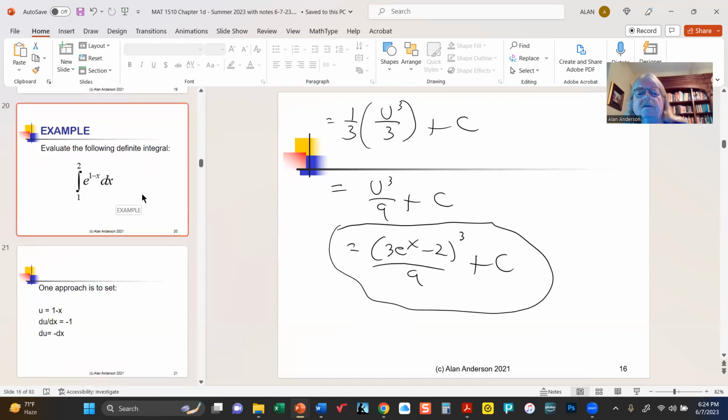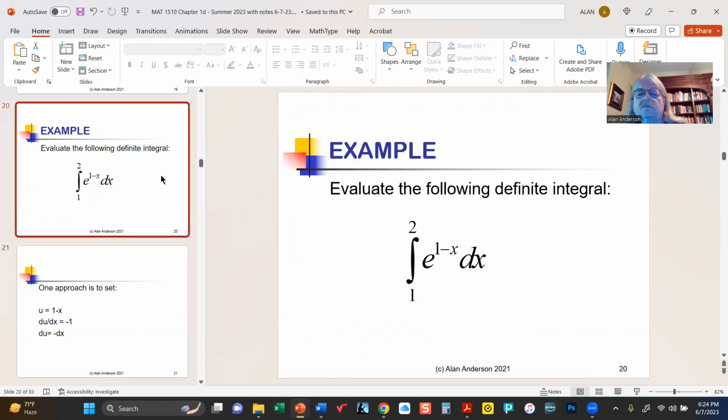All right, so what's next? Now, as we've seen before with these exponential functions, it often pays to let u be simply the exponent of e. Let's try that. So actually, this is -1.